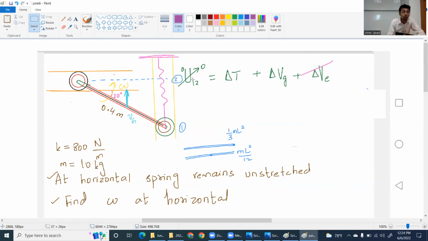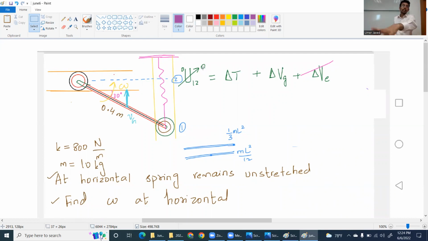U12 means non-conservative and external forces. In this problem, nobody has told me that there is any external force, external moment, or friction. So U12 only constitutes the external force, the non-conservative force, the friction force, all of that part.